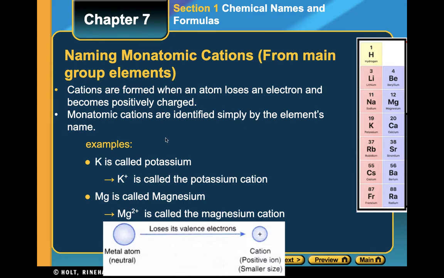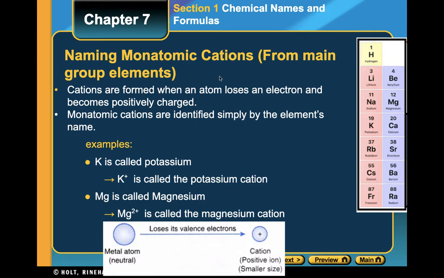So potassium, when it becomes an ion, is called the exact same thing. Cations don't change their name. So the potassium atom has the same name as the potassium cation. It's just potassium cation. Magnesium, when it's an atom, is called magnesium. When it turns into an ion, it's also called magnesium.